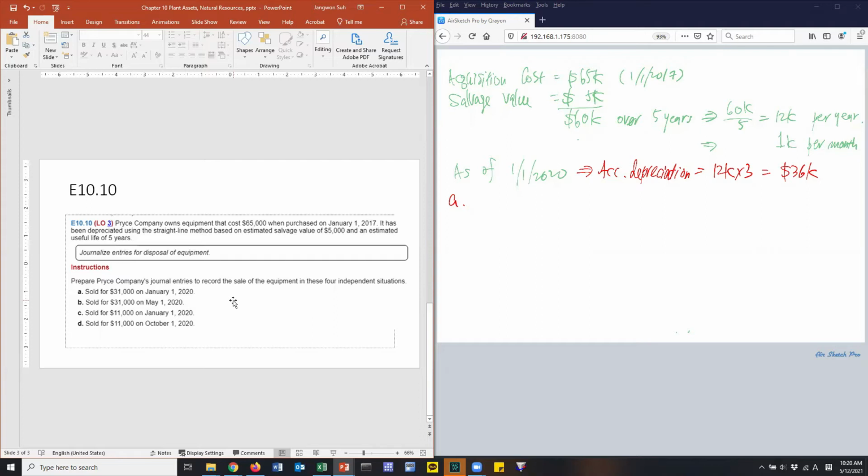So when you sell your equipment, the equipment should be credited, valued based on its acquisition cost, which is 65K. And accumulated depreciation should be recorded together with the equipment, on the other side, therefore it should be the debit side.